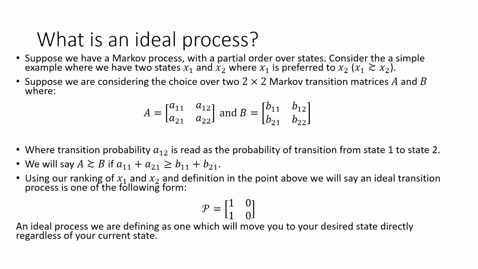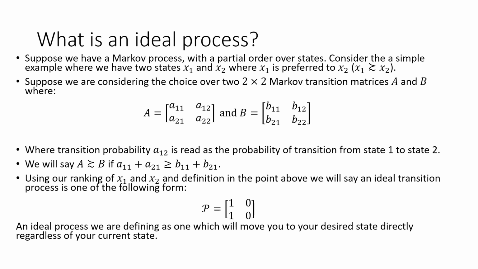We'll say that transition matrix A is preferred to B if the transition values bringing us to state 1 are greater than or equal to those of transition matrix B.